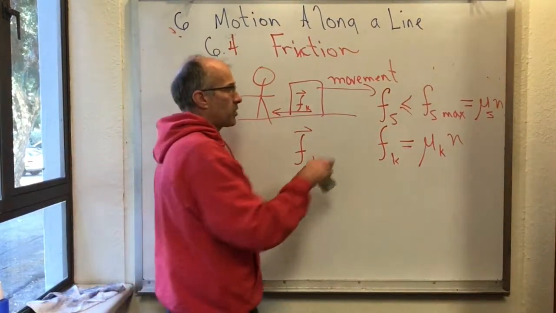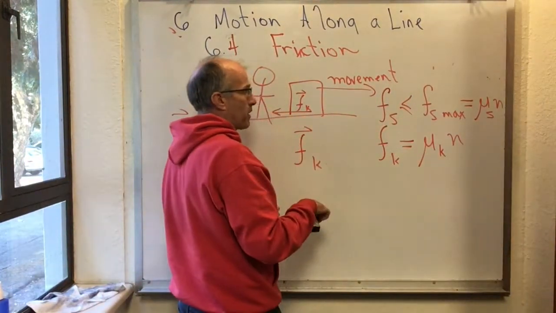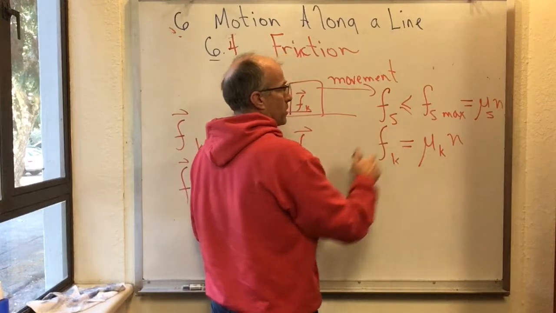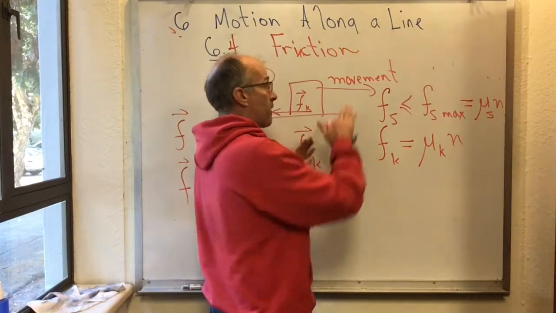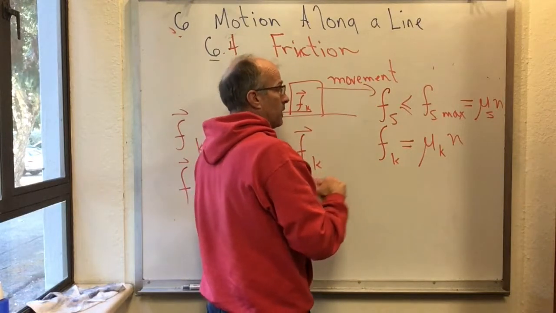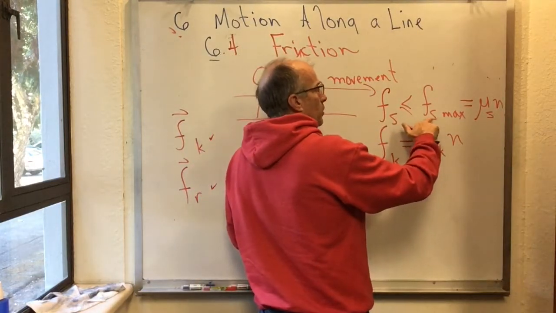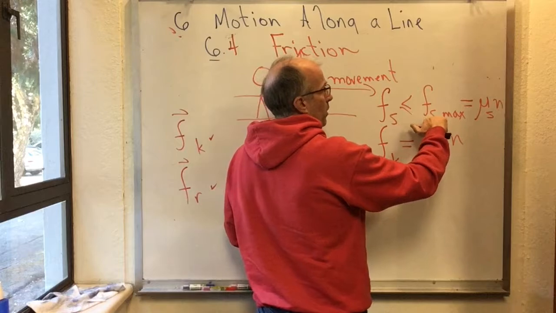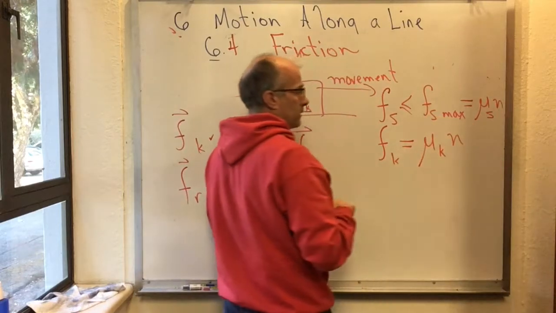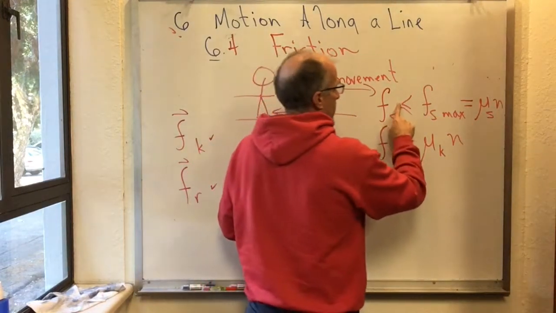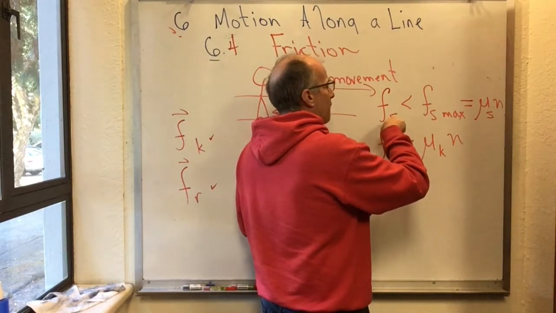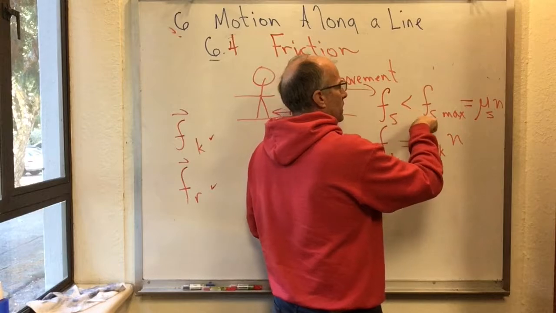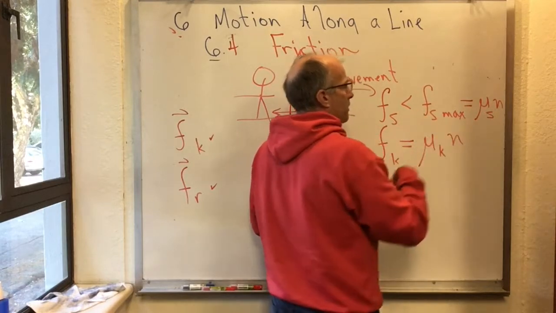Now I've added an additional equation so that we can do some comparisons. Fs, which is the magnitude of the frictional force when you have no movement, is always less than or equal to its maximum value, which we're going to call Fs max. Actually, Knight says less than, but it doesn't really matter. The static friction is less than the maximum amount of the static friction.